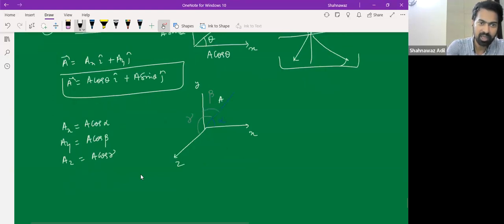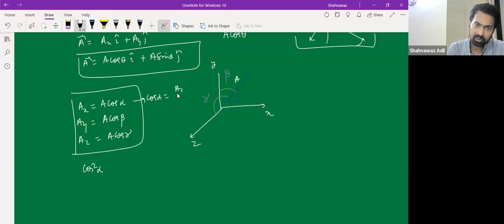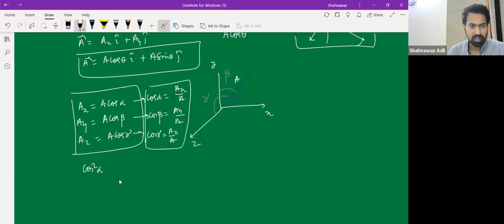So then we learned that cos square alpha. So these are called, so cos alpha would be Ax by A, cos beta would be Ay by A, and cos gamma would be Az by A. So these are called the direction cosines.